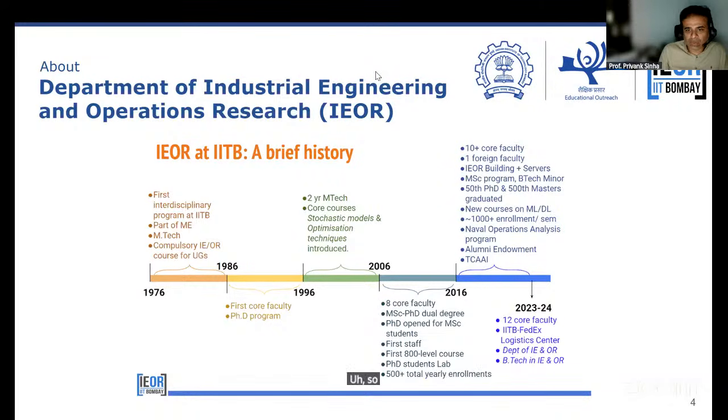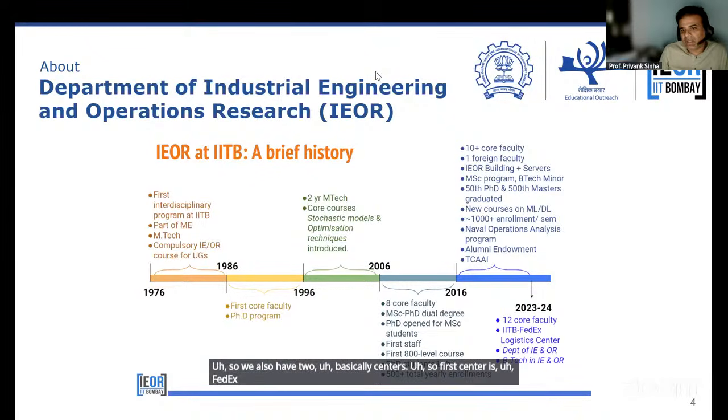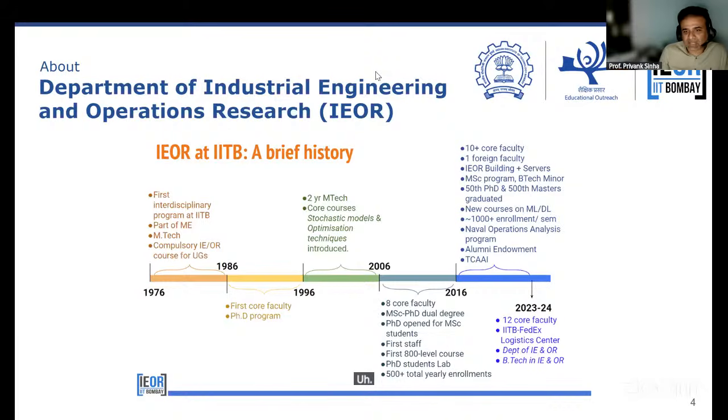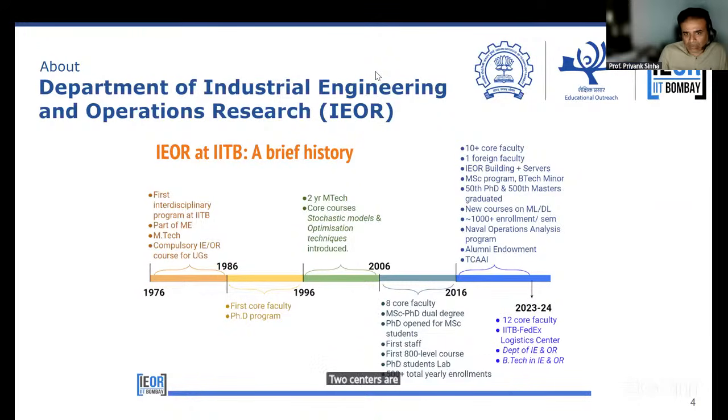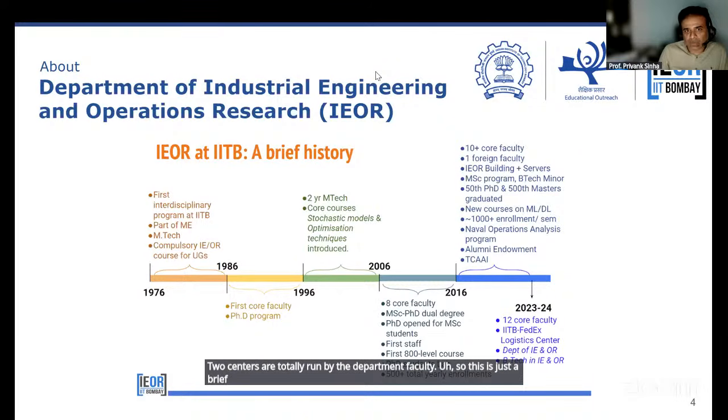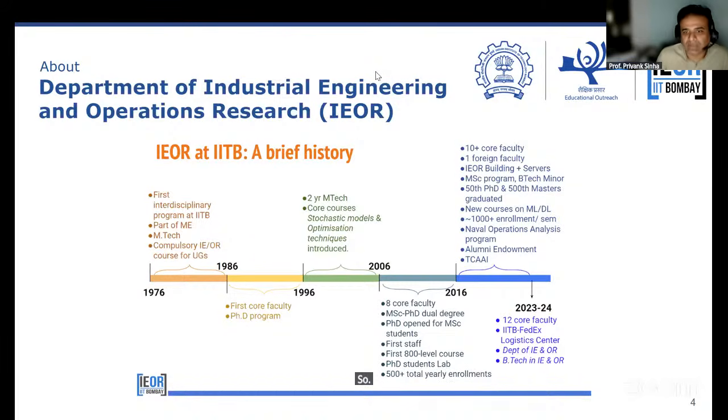We also have two centers. The first is the FedEx Center for Logistics and Transportation, and the other is based on AI and ML applications in the department. These two centers are totally run by the department faculty. So this is just a brief overview of our department and what we are interested in. We are interested in many sorts of interdisciplinary research where we can apply the theory of optimization and operation research. Yeah, so that's just a brief overview.